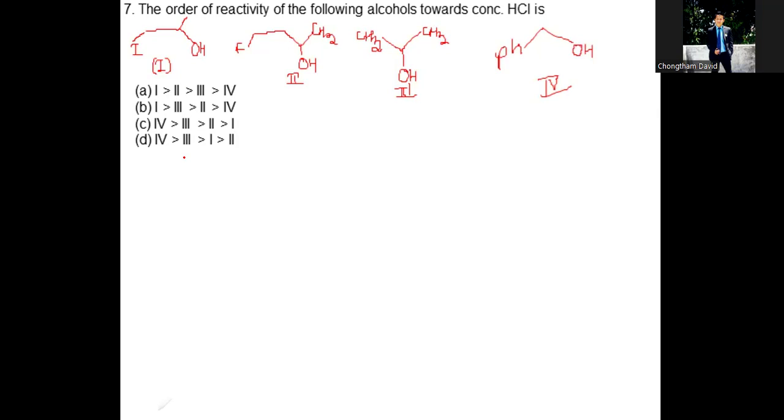Remember that the presence of an electron withdrawing group destabilizes the carbocation. So I can rewrite the structures from the alcohols in figure 1, 2, 3, and 4 as such. Remember, the order of reactivity depends upon the stability of the carbocation.